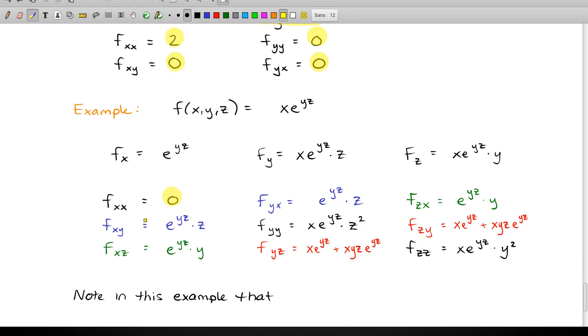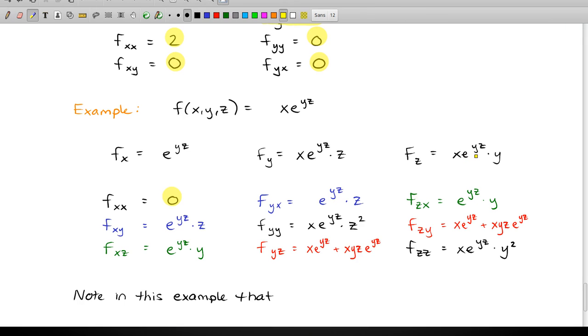All right, now next row, f_xy, the y derivative of f_x. That is going to pull down a z here, e to the yz times z. The y derivative of f_y is, this is a constant, e to the yz. I'm going to pull down another z, so x e to the yz times z squared. And the y derivative of f_z, again, I'm going to take the y derivative.